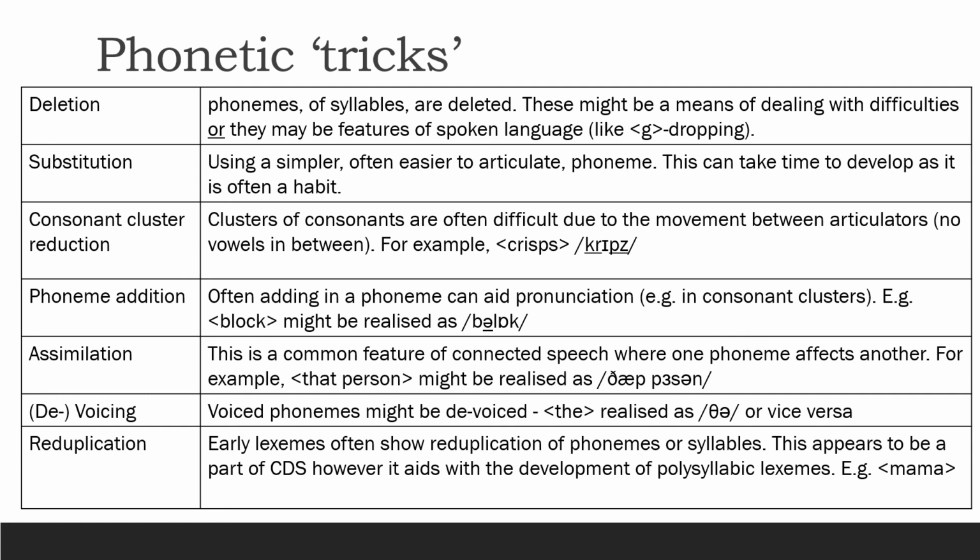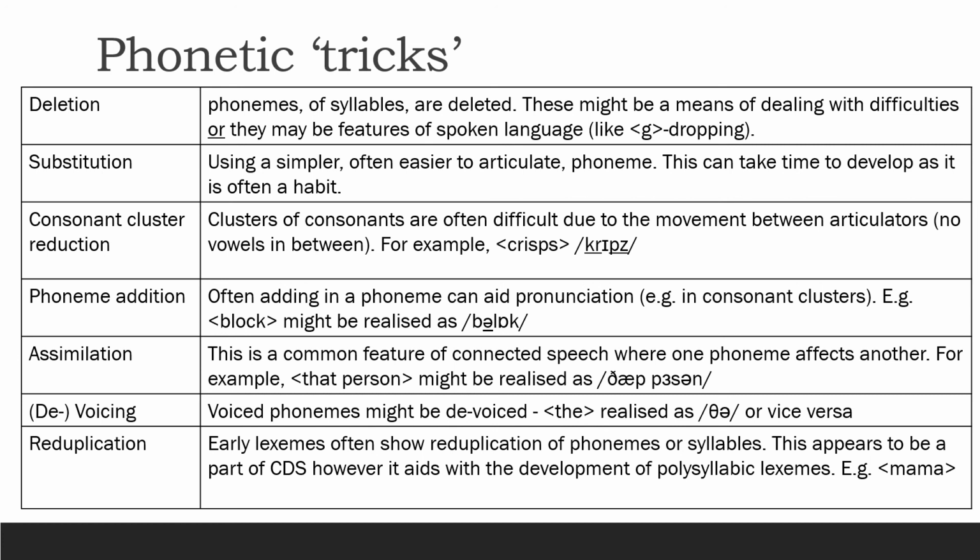And for that first fricative s to be missed. So instead of saying crisps, we get crips. Okay, so that is consonant cluster reduction, or consonant cluster simplification, sometimes it will be called. And it's just simplifying those consonant clusters to make them easier to say.